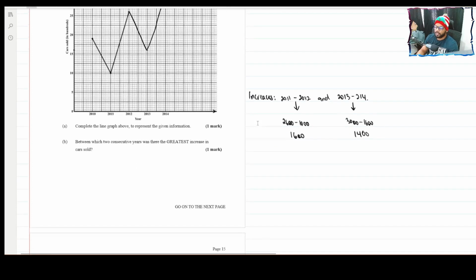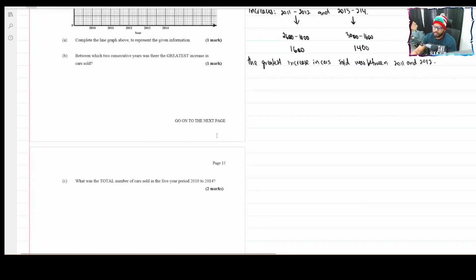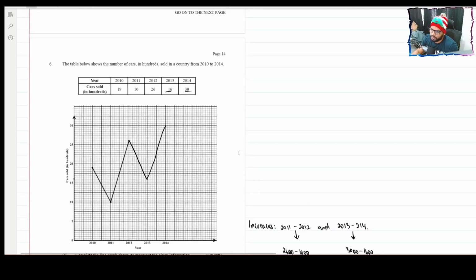So the greatest increase in cars sold, and you write a little statement, the greatest increase in cars sold was between 2011 and 2012.